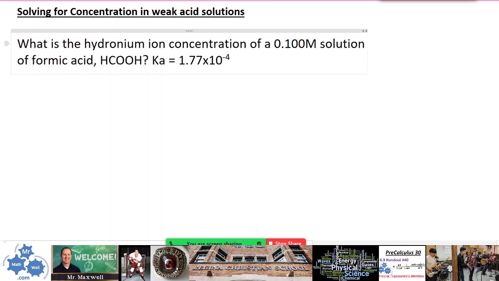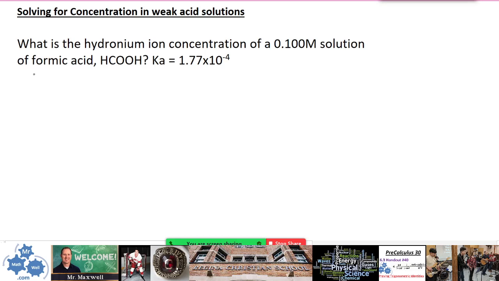And you'll remember this kind of example once we get into it. So this is right on the cusp of, is this a strong acid or a weak acid? What's it doing? It's still negative 4, so it's still fairly weak. All right, so let's get into our calculations.